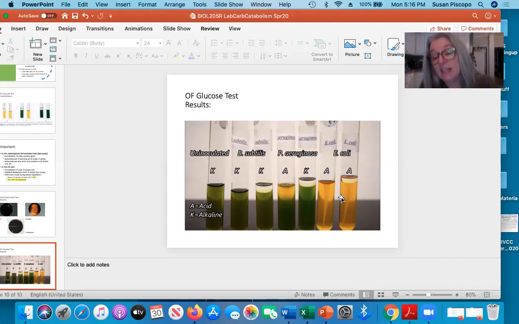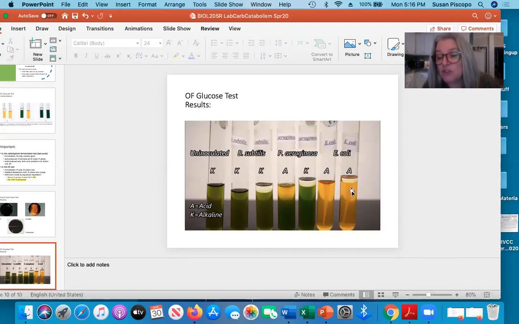It's very adaptive. And E. coli is classically known as a facultative anaerobe, which means it is capable of doing both oxidative metabolism, cellular respiration, and fermentation, and it does both very well.